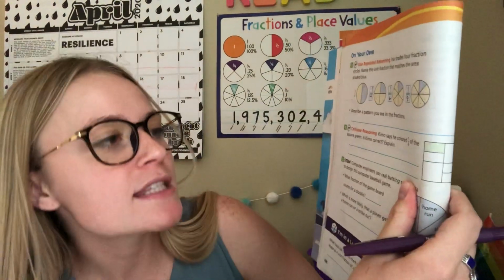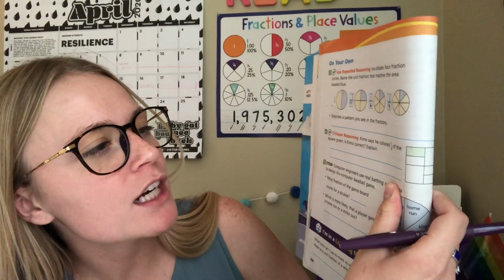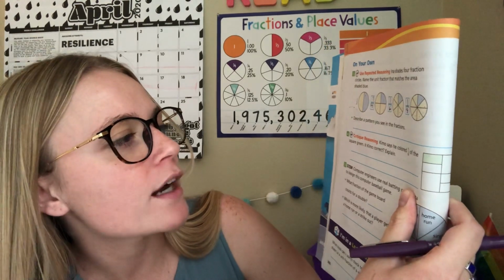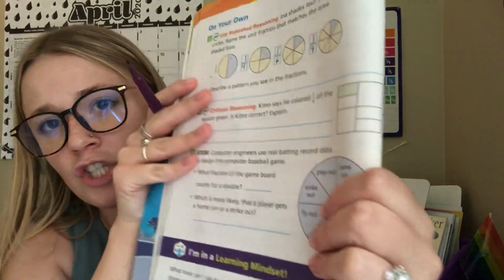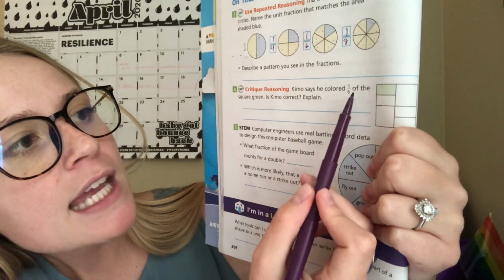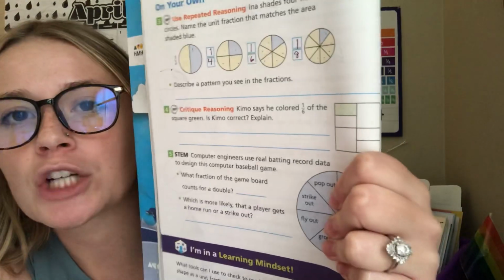All right, number 4 says, Chemo says he colored 1/6 of the square green. Is he correct? Explain. Now let's take a look at this shape that he drew. He says that he colored 1/6 of the square green.